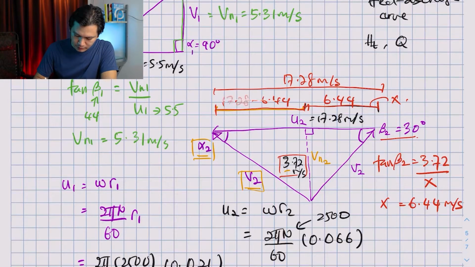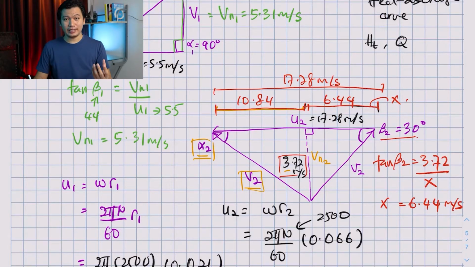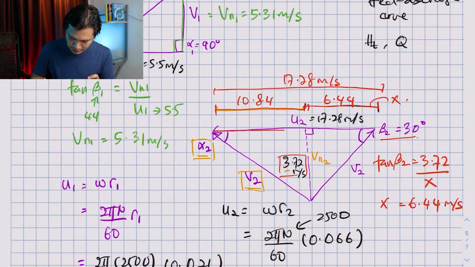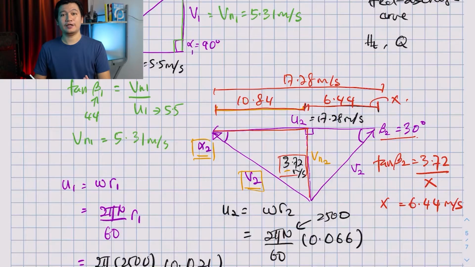Okay, so I'm just gonna replace the value here. This is 10.84. Does it make sense? So now you have 10.84 for this component of the triangle, and you have 3.72 for this component.